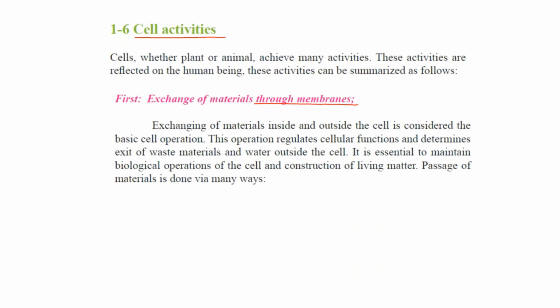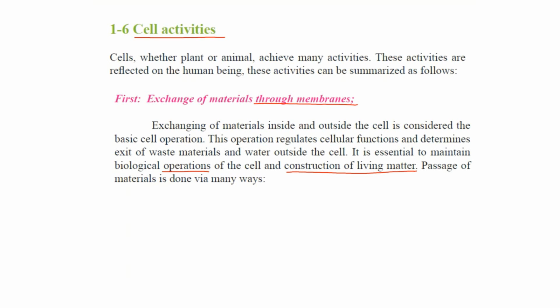For organs to perform their function properly, it is essential to maintain the biological operations of the cell and the construction of living matter. Like mitochondria need glucose and oxygen for their operations, and also need to remove CO2 from the cell through this plasma membrane, or ribosomes need different materials for construction of proteins.